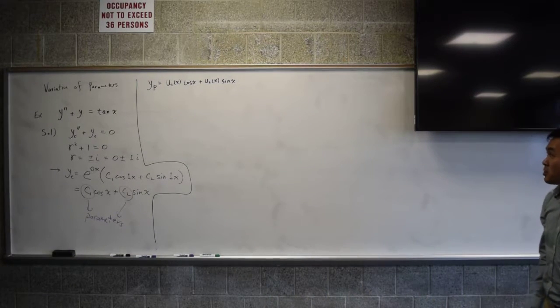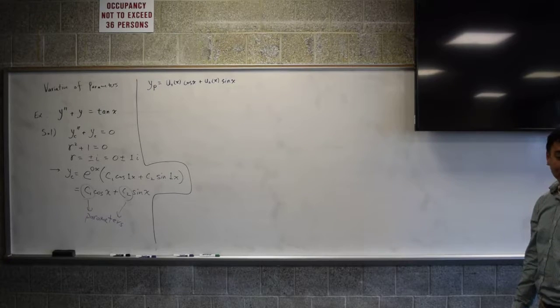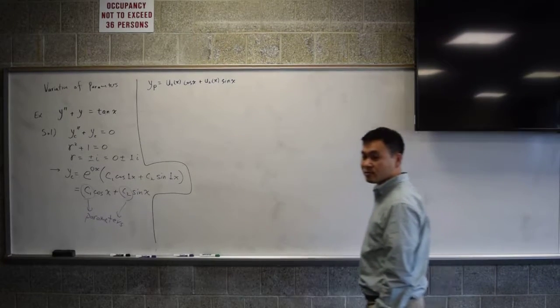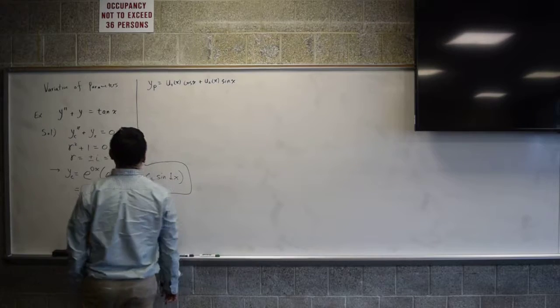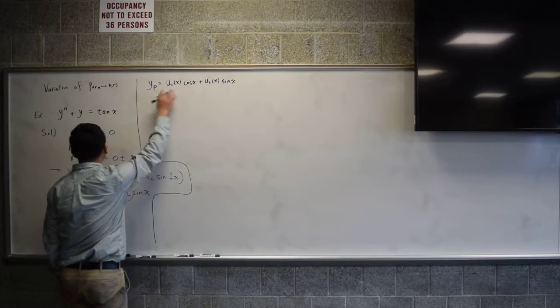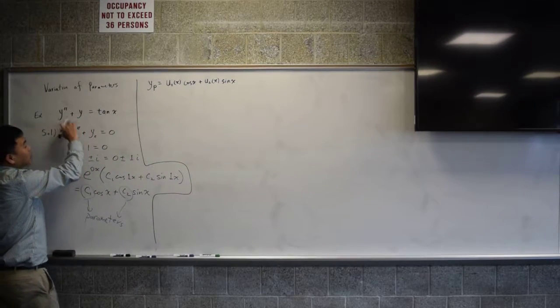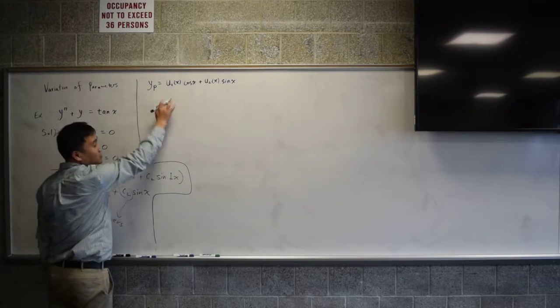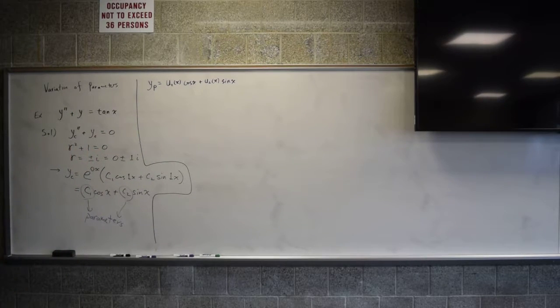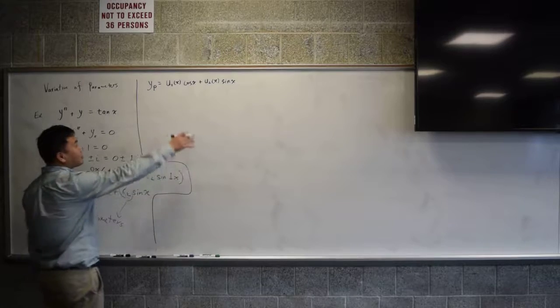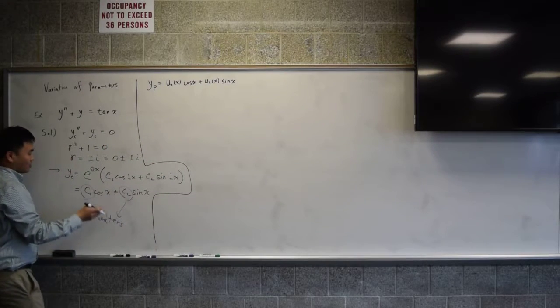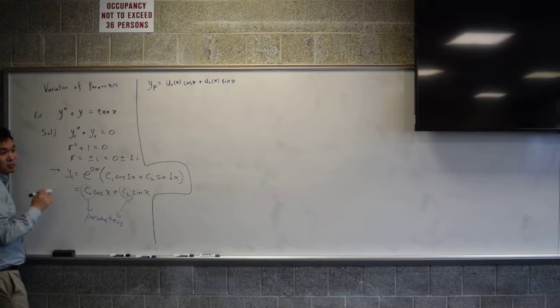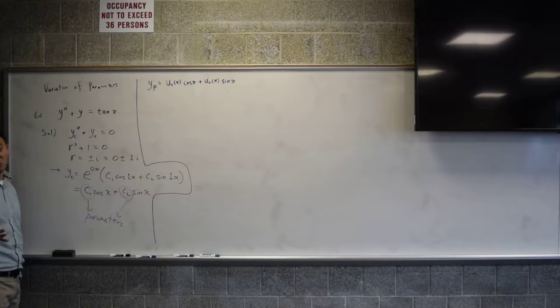That's what variation of parameters is. So your goal is the following: you plug this back in here to find one particular solution. And once you find that one particular solution, you add it to yc. yc plus yp gives you the general solution. That's the idea.